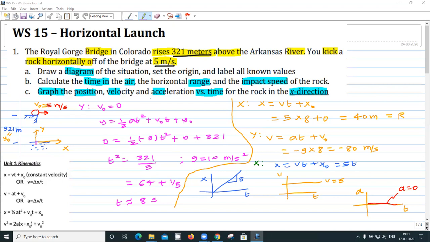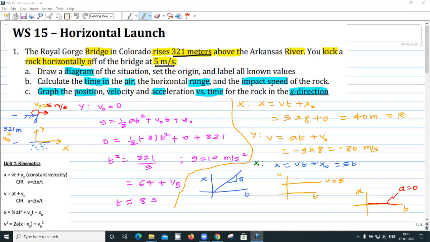Since I'm choosing my origin at the river surface, the initial Y naught is 321, starting at 321. Why is it plus 321? Because it's 321 meters above the river, so it's in the positive y-axis. So in this equation, everything is known except for t.